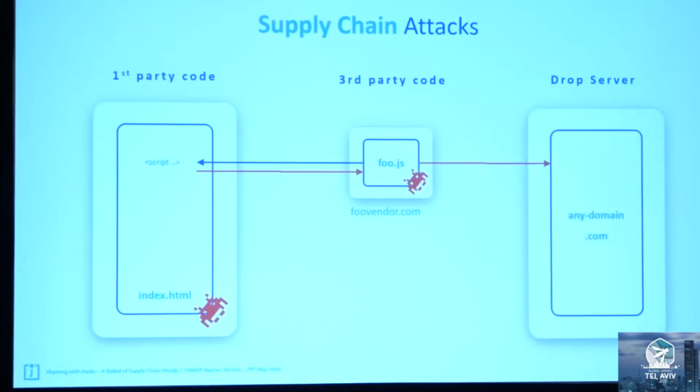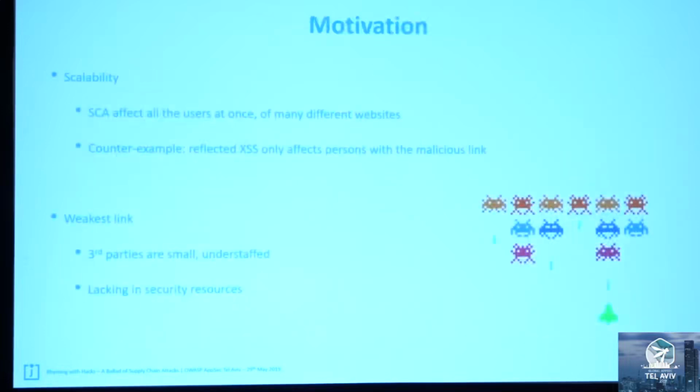That can potentially be any domain. The biggest difference is that the vendor domain is usually already whitelisted, because it's very common for people to use CSP version 1 with domain whitelisting. I'll talk about it in a second. The motivations for these attacks are easy to understand.